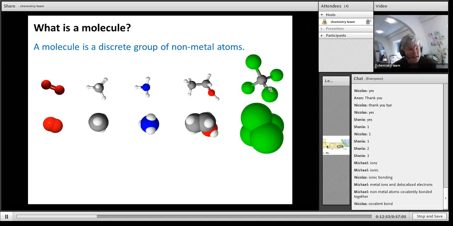Those are covalent bonds. Now, when I melt a substance, do I break these covalent bonds? In other words, this is carbon tetrachloride, okay? If I broke this C-Cl bond, would I still have carbon tetrachloride?